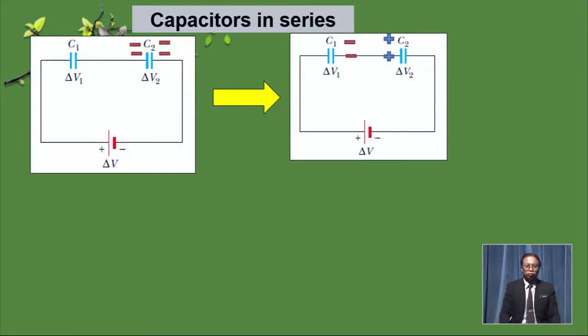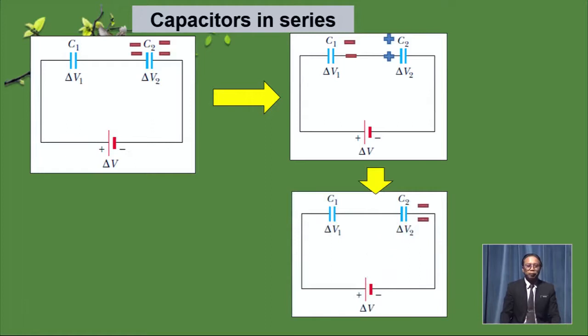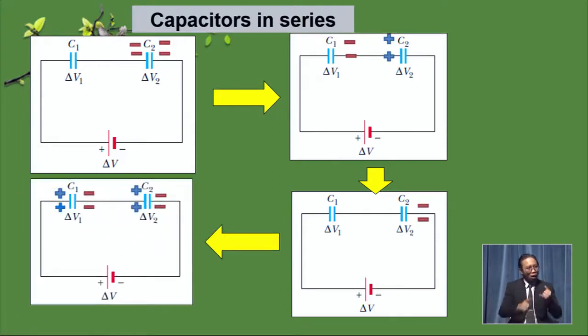The negative charges from the left plate of C2 accumulate on the right plate of C1. As a result, all the right plates will end up with charge negative Q, and all the left plates will end up with charge positive Q.